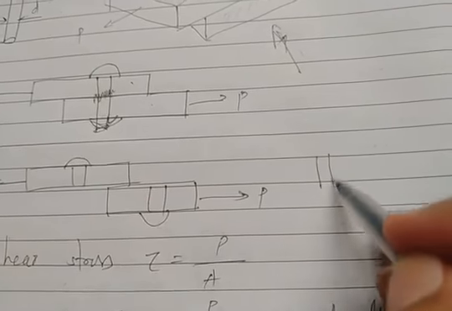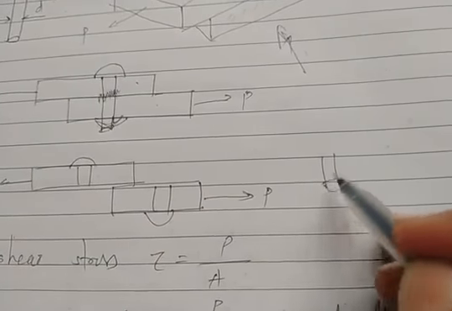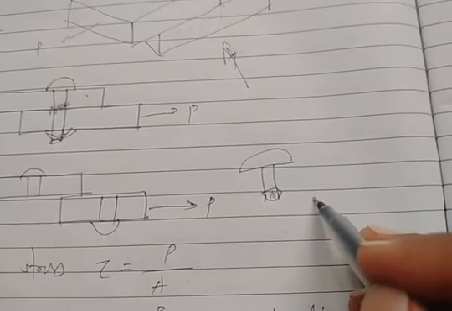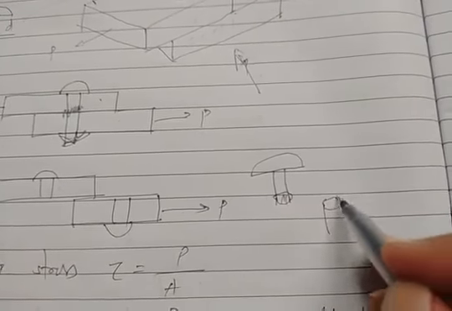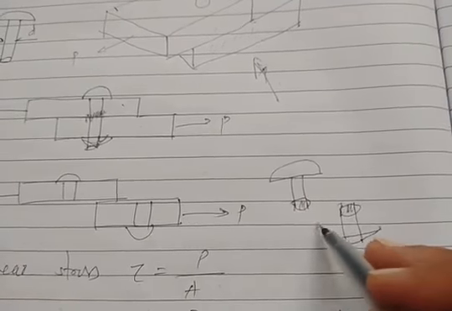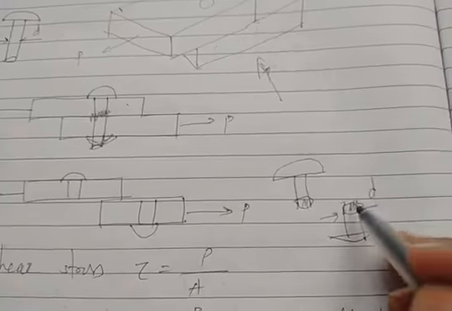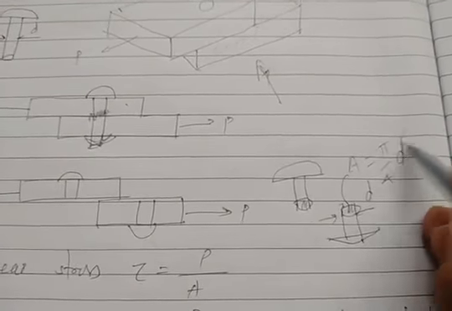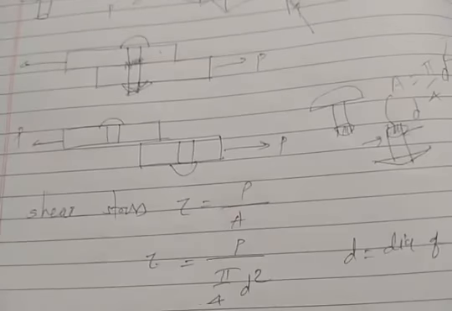As the rivet fails here, for the rivet we will get this diameter. These are the two diagrams. So the rivet will break in this way, and this is the diameter of the rivet, D. Then this area will be pi by 4 d square, where d is the diameter of the rivet.